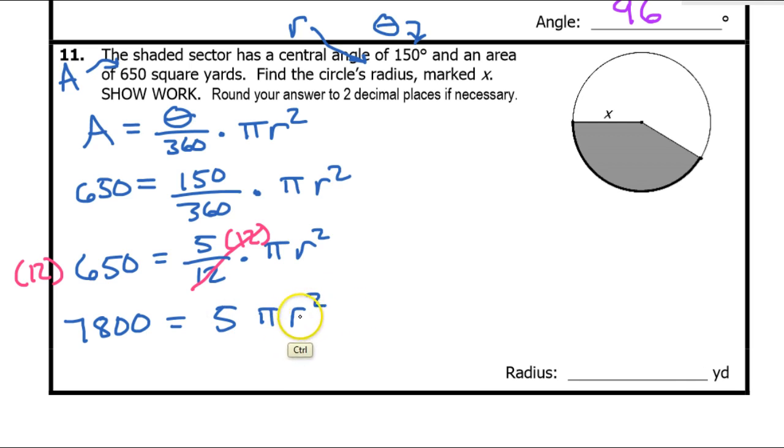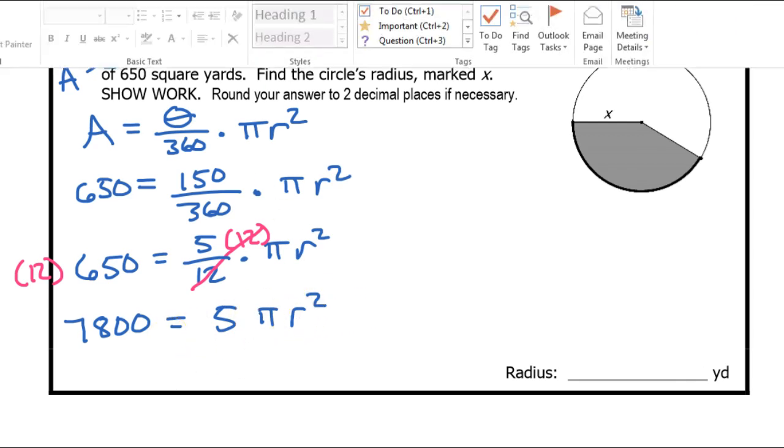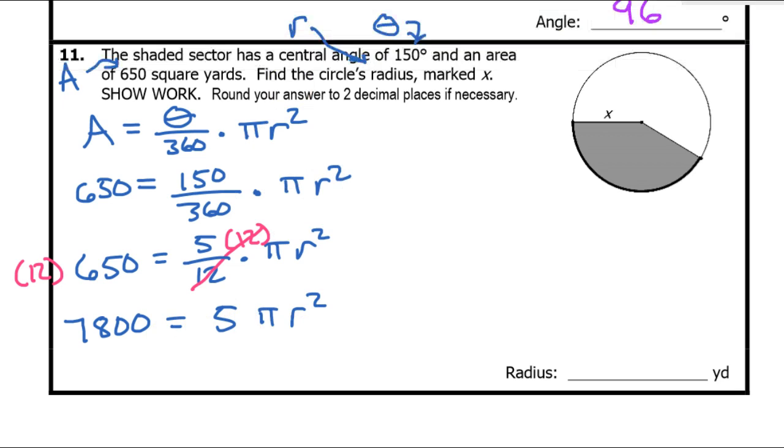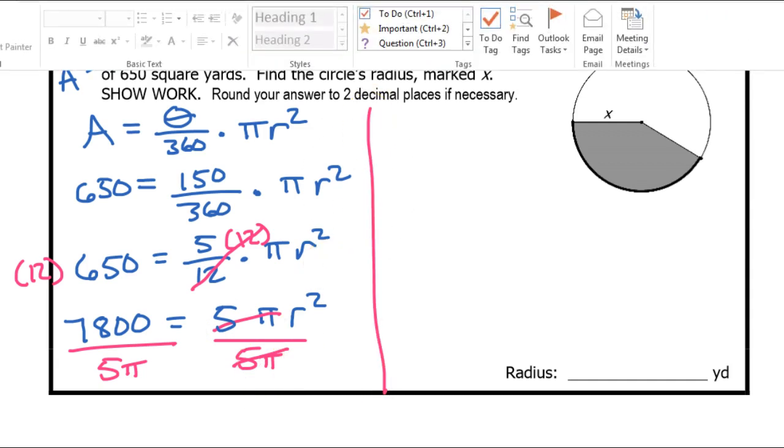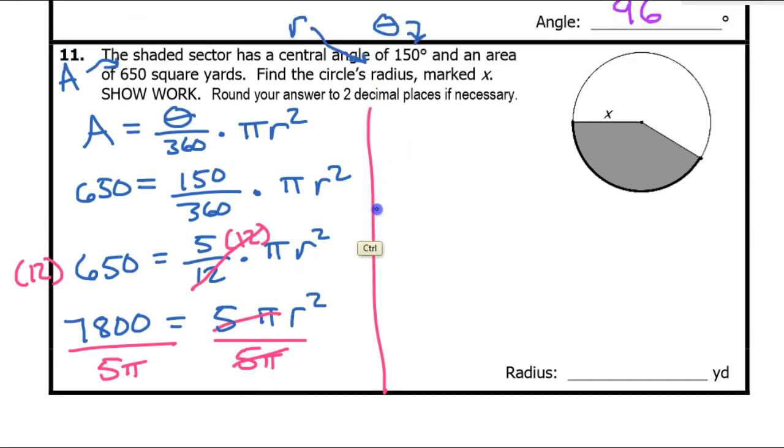Now remember, we're trying to get r by itself. So our next move is to divide both sides by 5 pi. So the 5 pi cancels out that 5 pi. So that leaves us with 7,800 over 5 pi is equal to r squared.